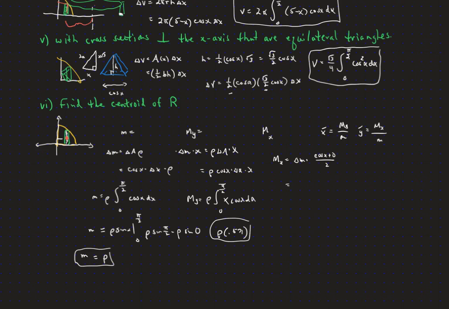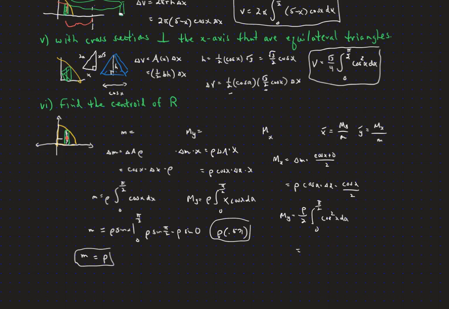So our mass is rho times cosine x times delta x, times another cosine x over 2. So our moment about the x is going to be rho over 2 times the integral from 0 to pi over 2 of cosine squared x dx.